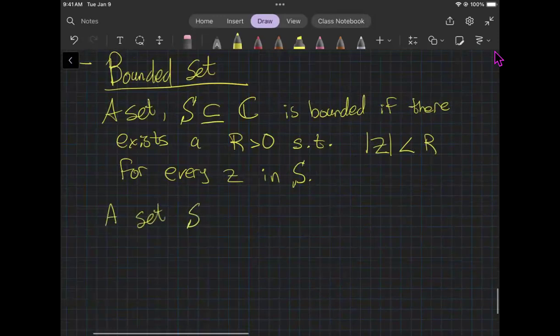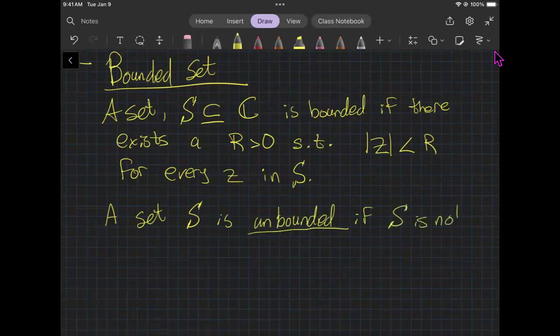A set S is unbounded if S is not bounded. So this one is logically sound, right? Okay.